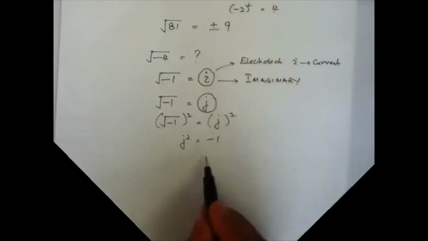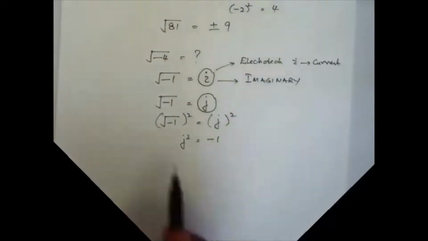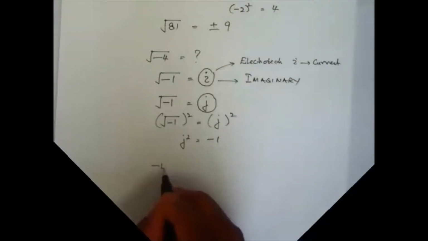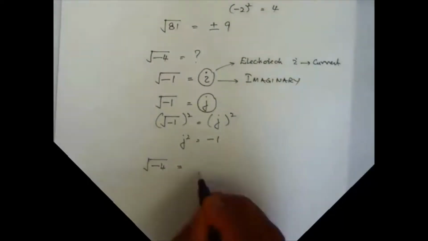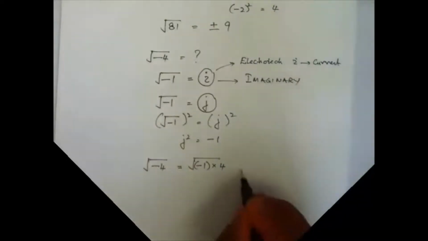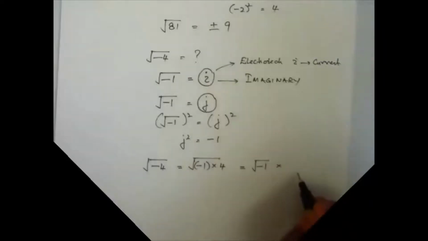So now we can actually define what we could not define earlier, the square root of -4. Let's write this again. The square root of -4 can now be written as the square root of -1 times 4. Now it is +4, because -1 times +4 is -4. Now we can say this is the square root of -1 multiplied by the square root of 4.